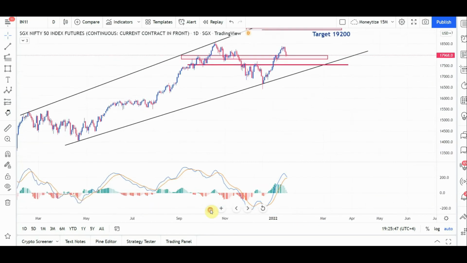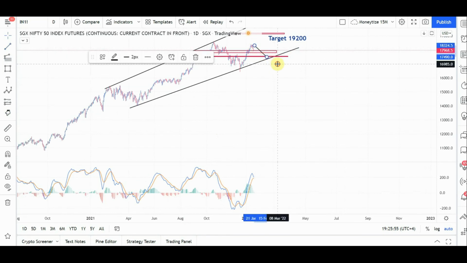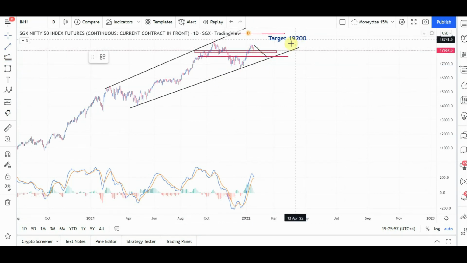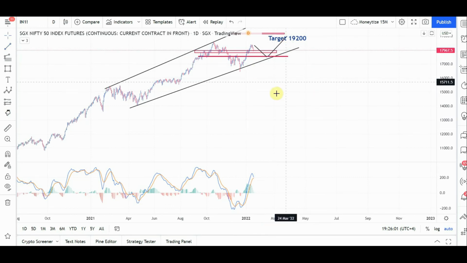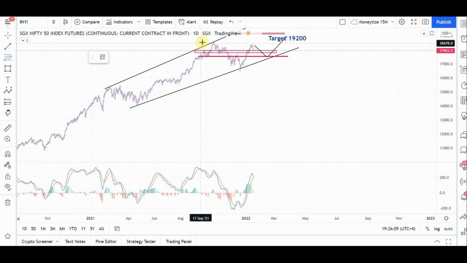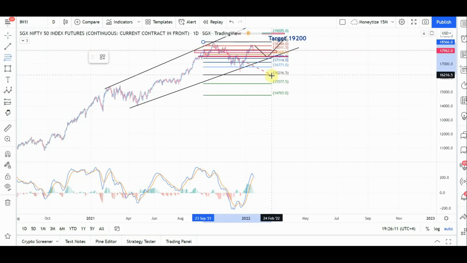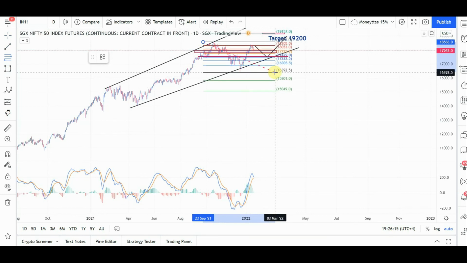Let me zoom in on this channel, and something like this may happen. Now, how have we derived this 19,200? Again, as per the reverse Fib levels. We will take the Fib retracement, mark it from the previous swing high to the recent swing low.